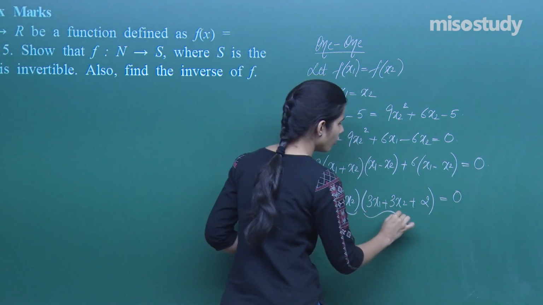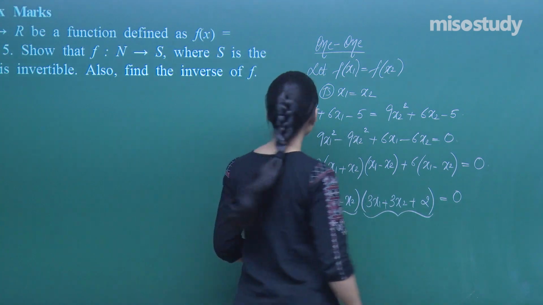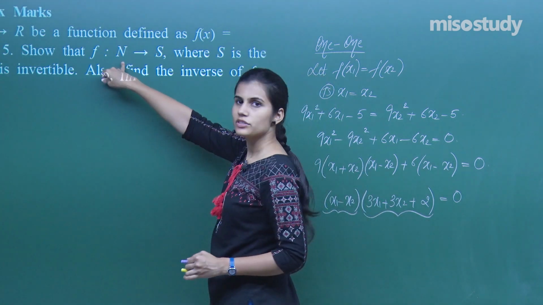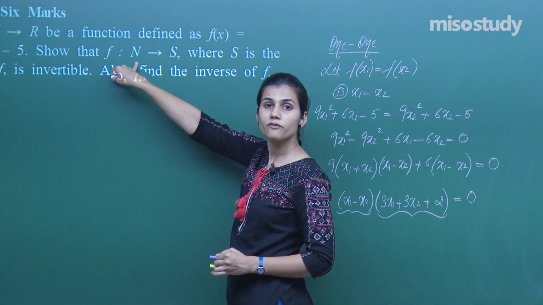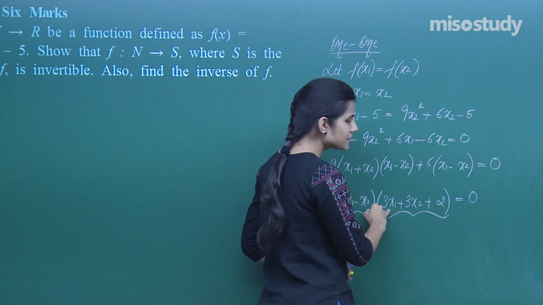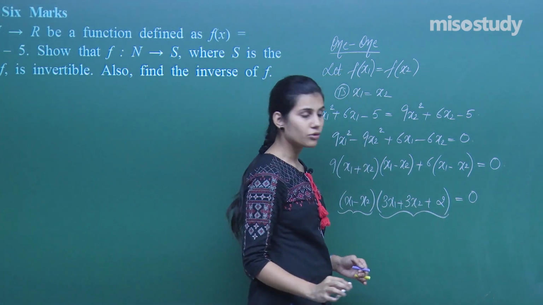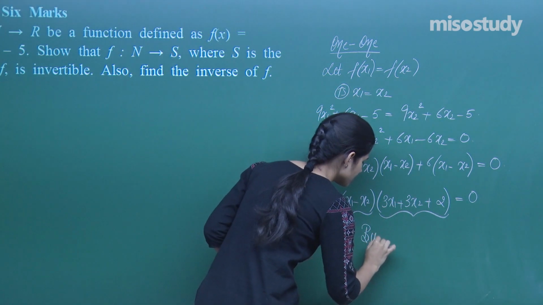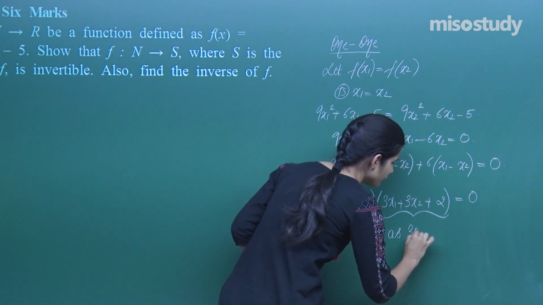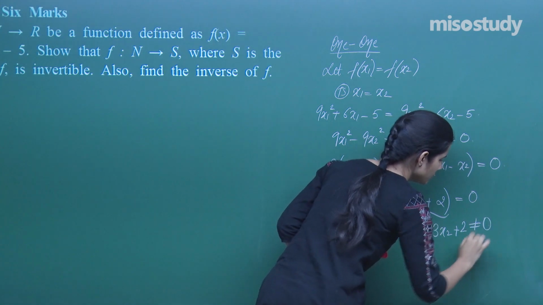Either this is 0 or this is 0. Can this ever be 0? x1 and x2 are coming from the domain of f, which is natural numbers. Natural numbers begin from 1. 3 times a natural number plus 3 times a natural number plus 2 can never ever be 0.